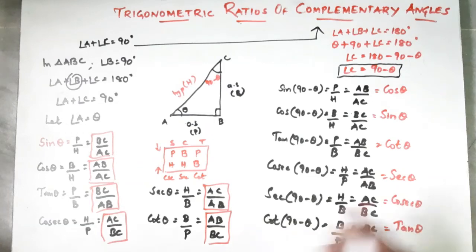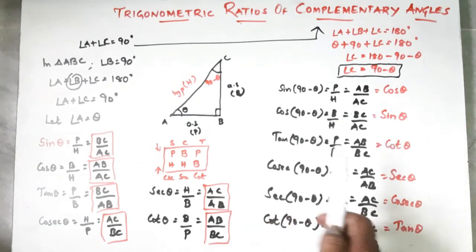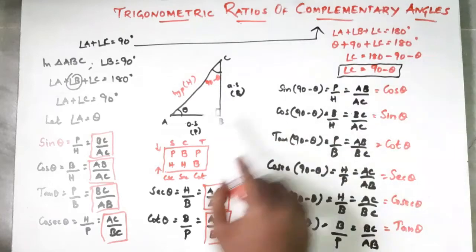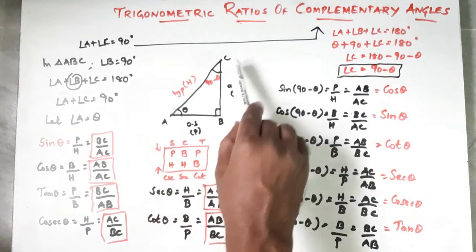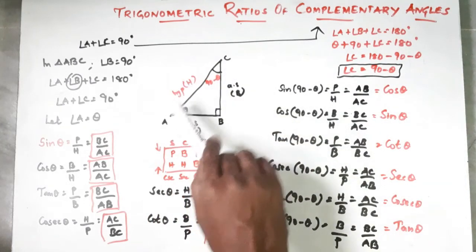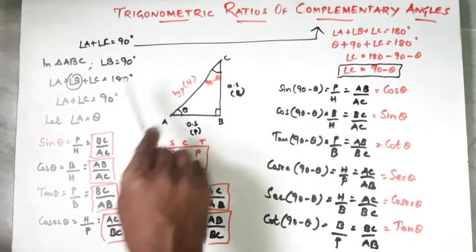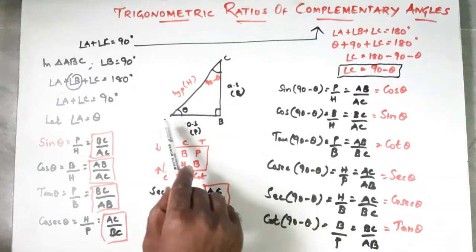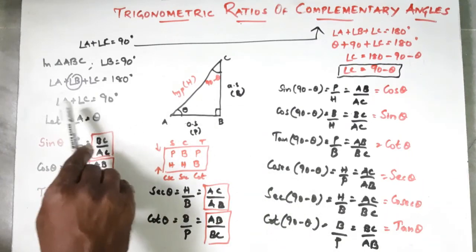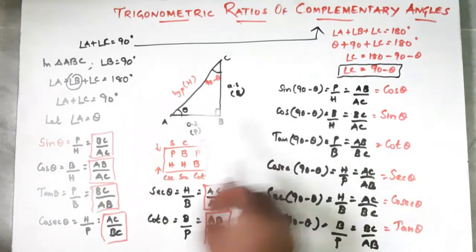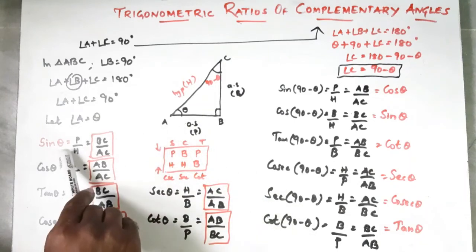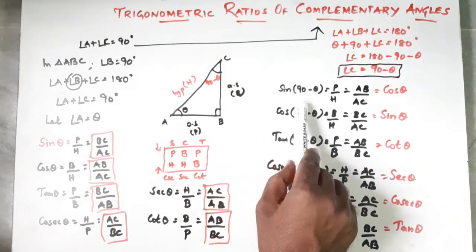So like this we find the trigonometric ratios of complementary angles with respect to angle A and angle C, because the sum of these two angles is 90 degrees. That's why we call them complementary angles. For angle A the relation is theta, for angle C it is 90 minus theta.